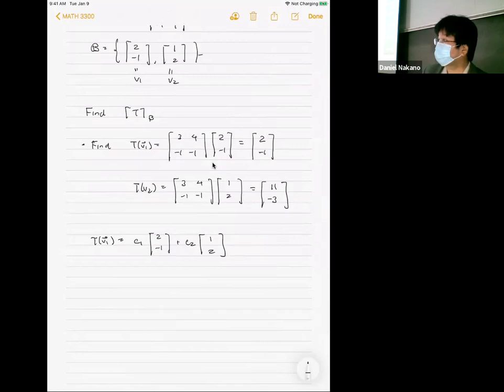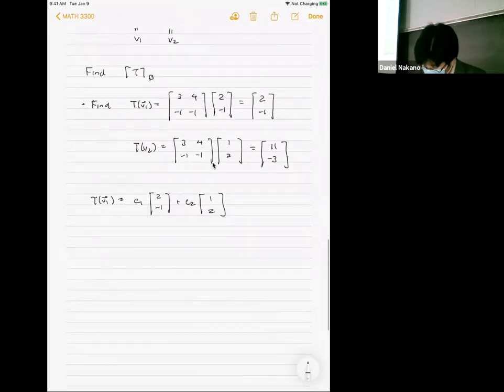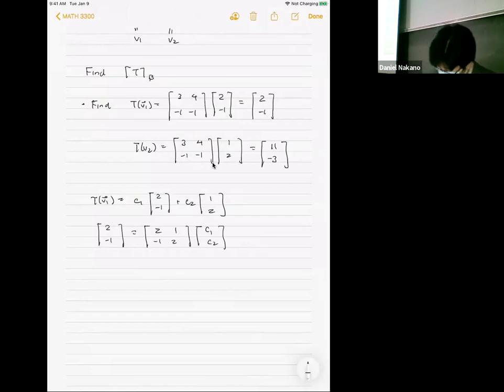In other words, 2, -1 has to be the matrix with columns 2, -1 and 1, 2 times C1, C2. So how do we find C1 and C2?